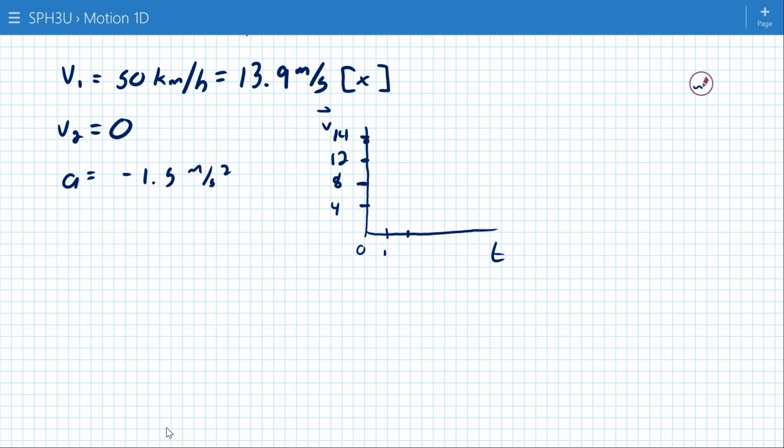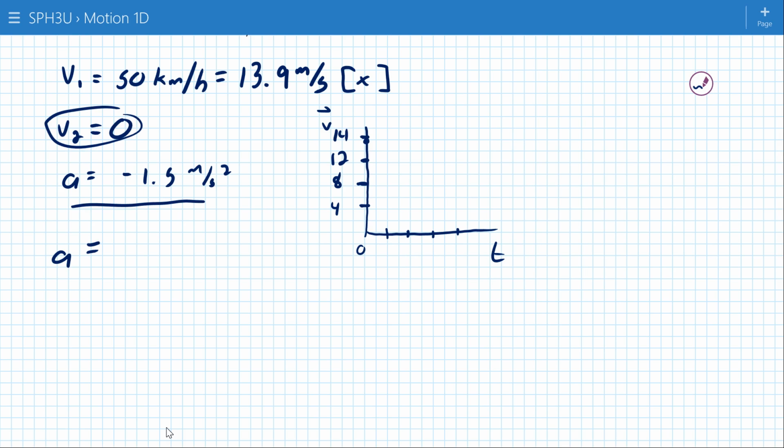That's what I've been doing. But I'm going to use instead the fact that I know that it's a constant acceleration to come up with the formula that's going to tell me what time it's going to reach this v2 at.